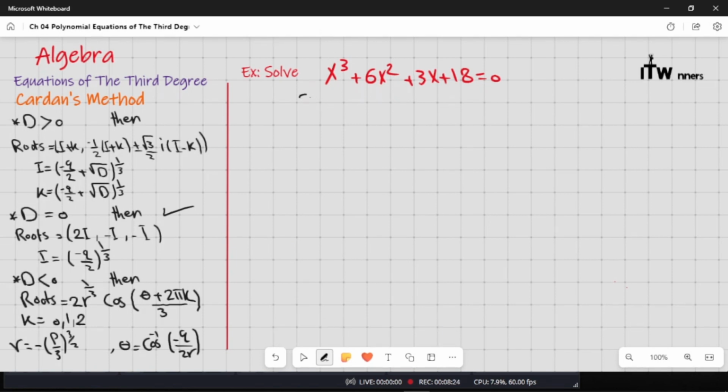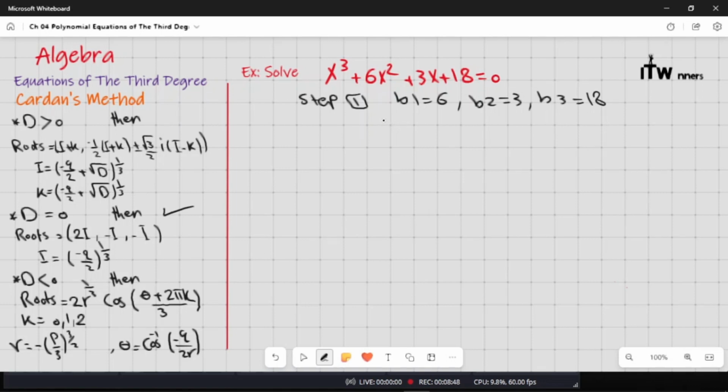So just step 1, we have here p1 equal to 6, p2 equal to 3, p3 equal to 18. So we will make b1 equal to 0 in the equation of y.